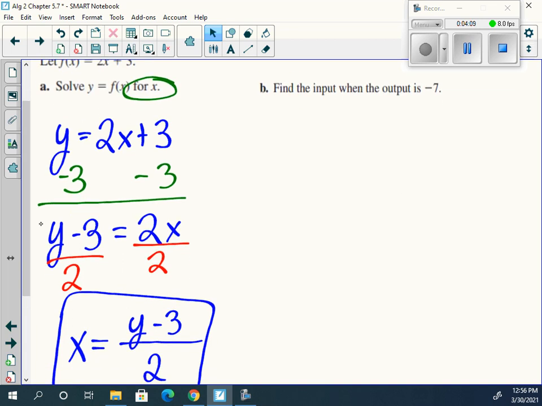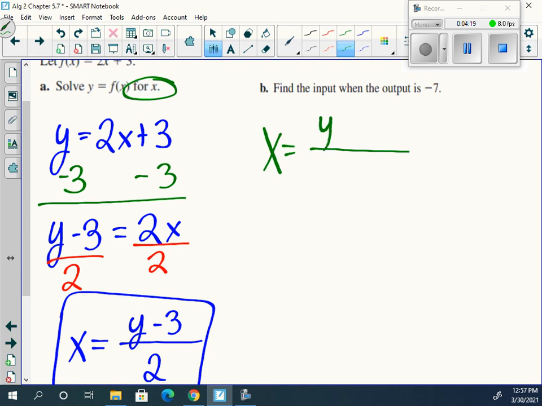which is asking us to find the input when the output is -7. Well, in this equation here, x is always the input. It's the values that we plug into the function. y is the output. It's what comes out. So if I know the output is -7, what it's telling me for this equation is y is -7.